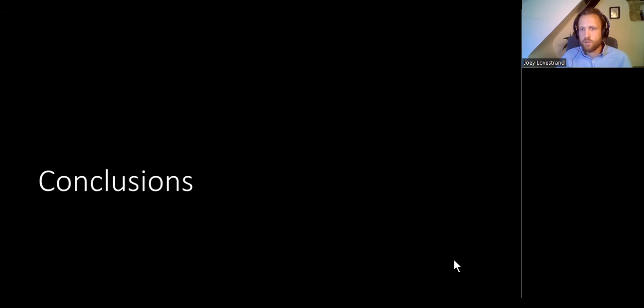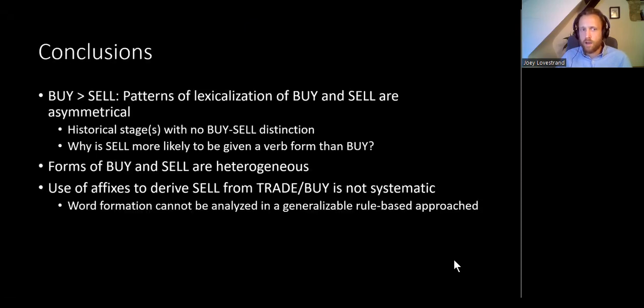So finally, a few words of conclusion. The one clear pattern here is this asymmetry, where the presence of a particular form, whether that's a lexical stem or a derived verb that's composed of a stem plus some kind of morphology, for expressing buy, means that if there's a specific form for buy, there will also be a specific form for sell in the language.